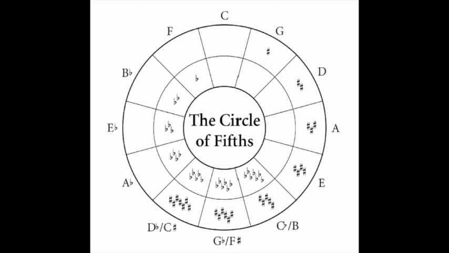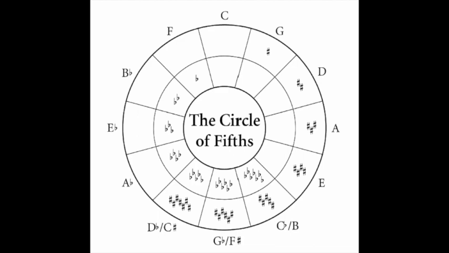So this arrangement of keys shows two things. First, it shows the distance between each key and the next is a fifth apart. So if we're adding sharps, we start at C, we go C, D, E, F, G. 5 notes, it gets the first sharp. G, A, B, C, D. 5 notes, it gets the next sharp. We could go in the opposite direction.